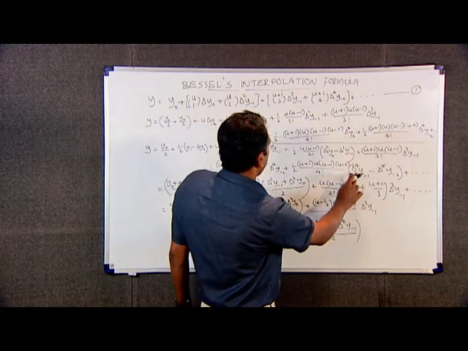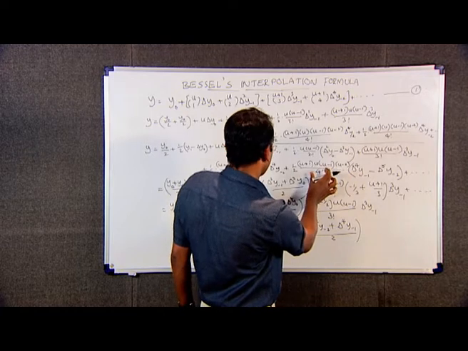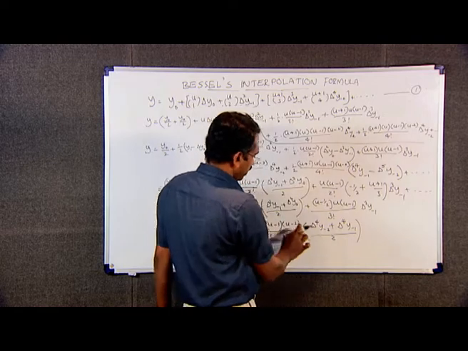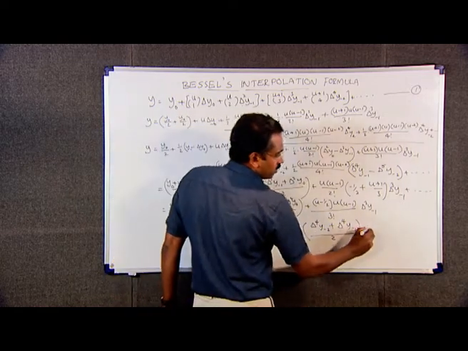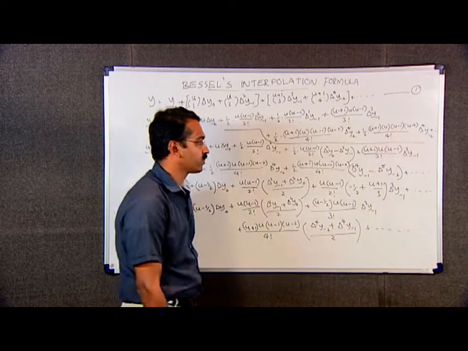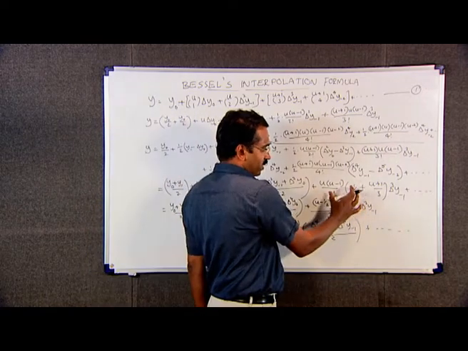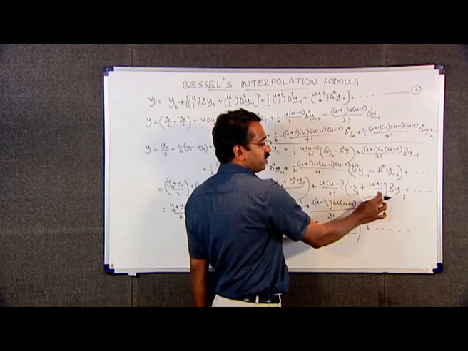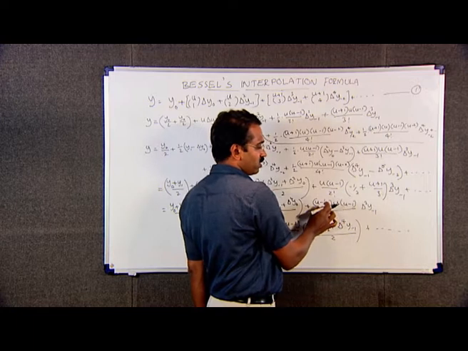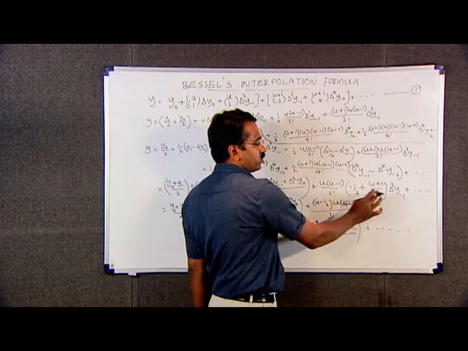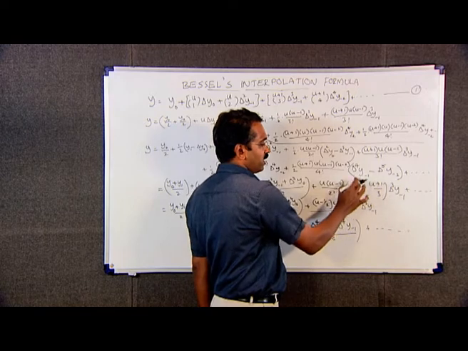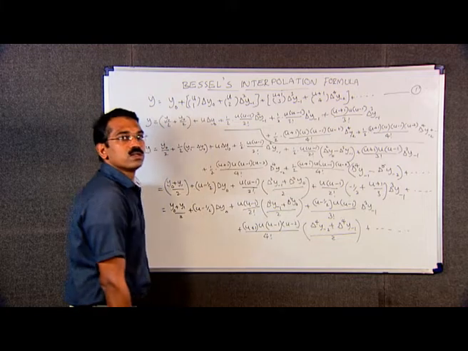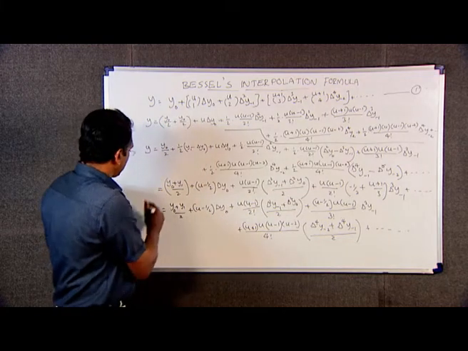By combining these two terms containing u plus 1 u minus 1 u minus 2, from these two we can write this term, this plus etc. Here this product can be written as u minus 1 by 2 into u minus 1, because u plus 1 divided by 3 minus 1 by 2 is u minus 1 by 2 divided by 2 into 3, and combining these two terms we can write like this. This is the expression for y.